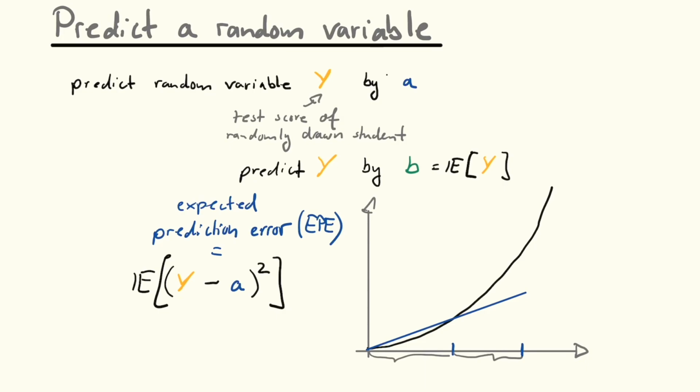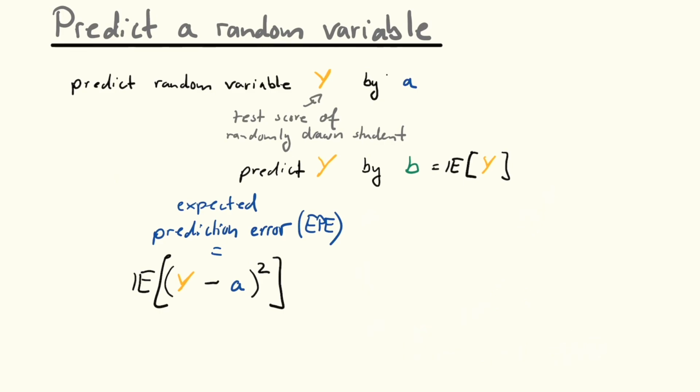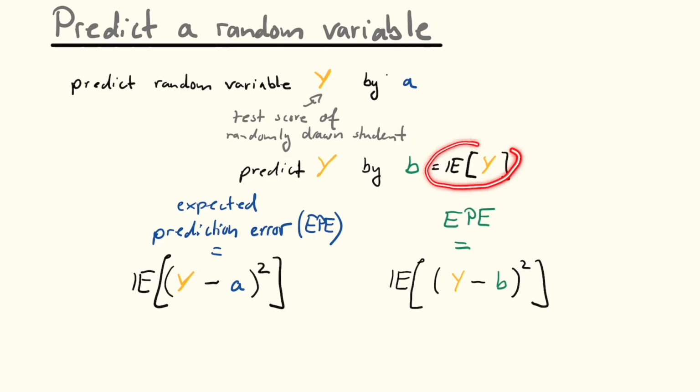Now that we've defined prediction error for the blue prediction a, we can define it in the same way for the green prediction b. For this, it is important to realize that b is just a number, just like a. Sure, it is a special number, but expectations are numbers.